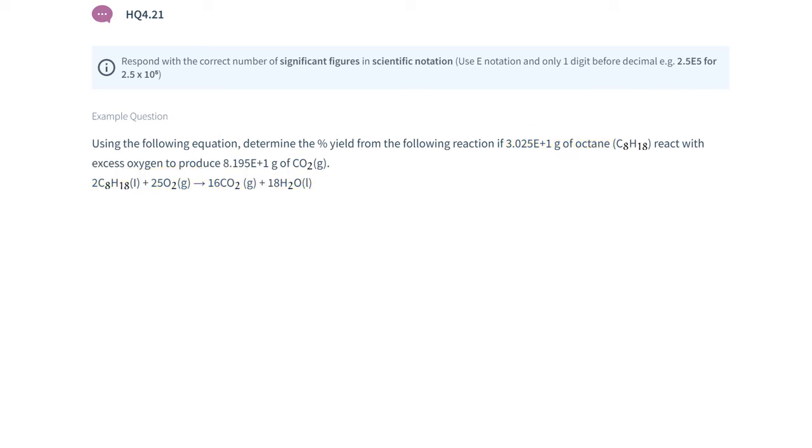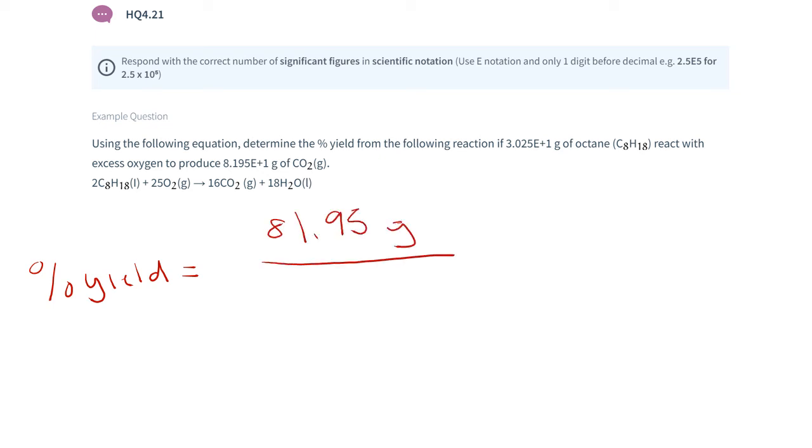So going back to our percent yield equation, we already have this top number, which is 81.95 grams from our actual yield. You'll remember that just came from right here. And now we have solved for our theoretical yield on the slide before, which was 93.23662786.